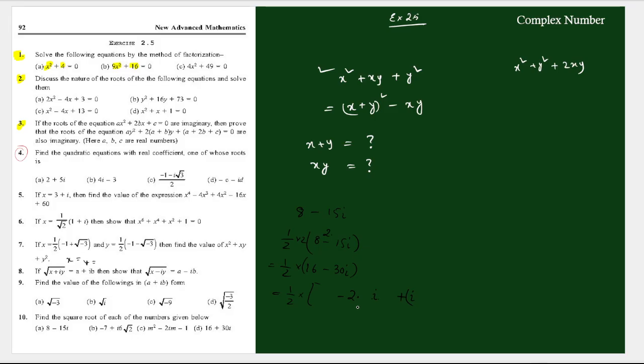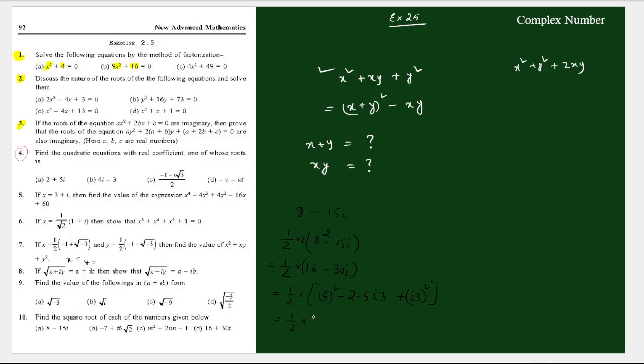So from 2 into 30 we have to find. 15 is 3 into 5, that means a will be your 5 and b will be your 3, so this will be your whole square.